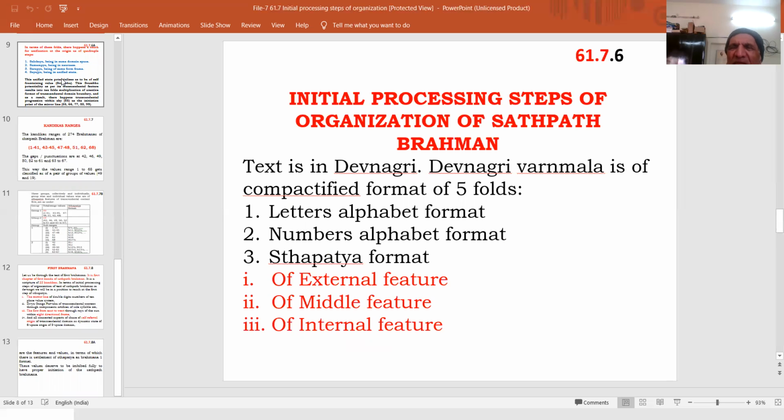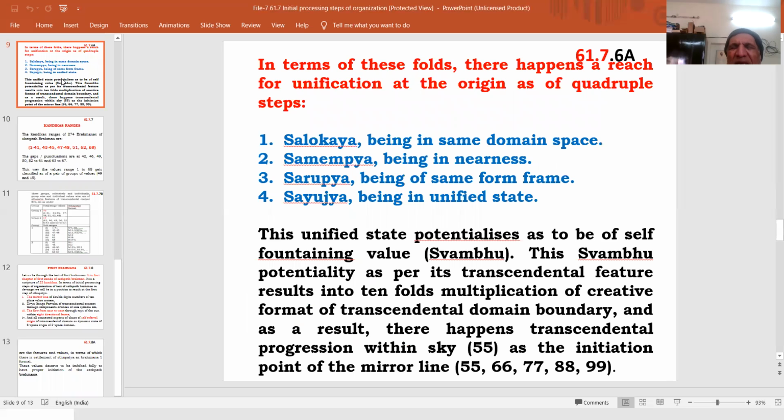These make 5 compactified formats. In terms of these folds, there happens a reach for unification at origin as of quadruple steps. Salokya, being in same domain space, Samipya, being in nearness, Sarupya, being of same form, frame, and Sayujya, being in unified state.